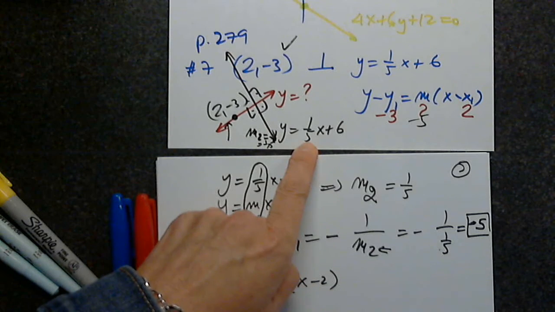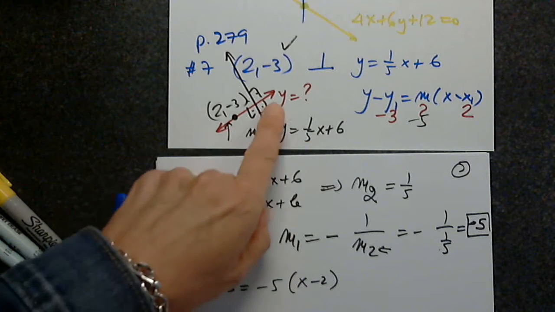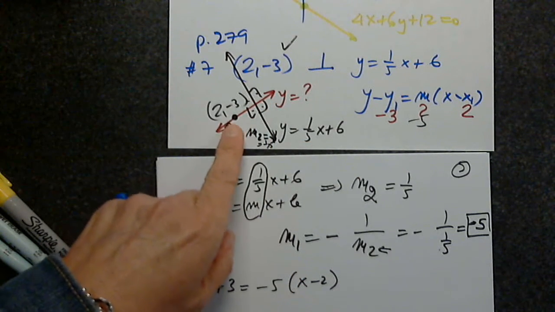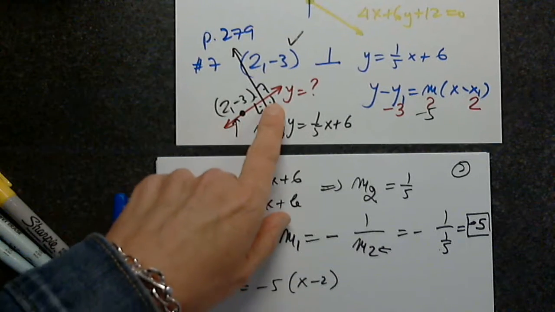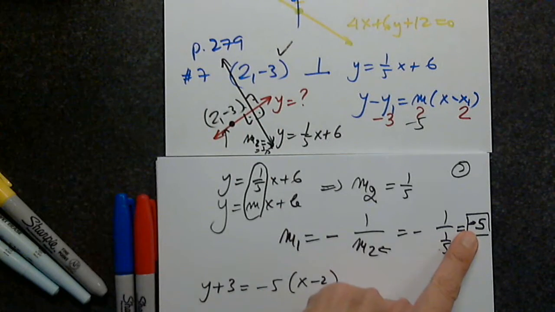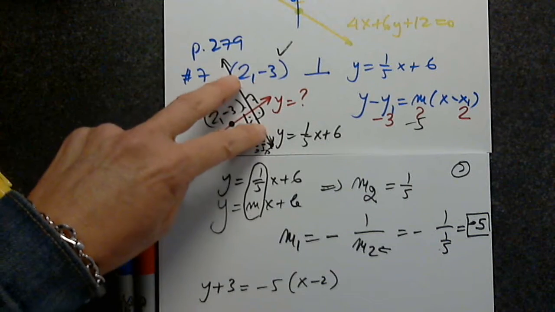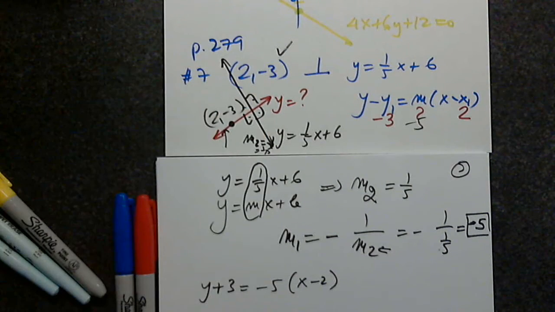Identifying that slope as 1/5, we knew automatically, as you already told me, that the slope of the red line must be negative 5, because there is a known relationship between the slopes of two perpendicular lines. So if one of them is 1/5, the other one must be negative 5. Any questions before we finish this up?